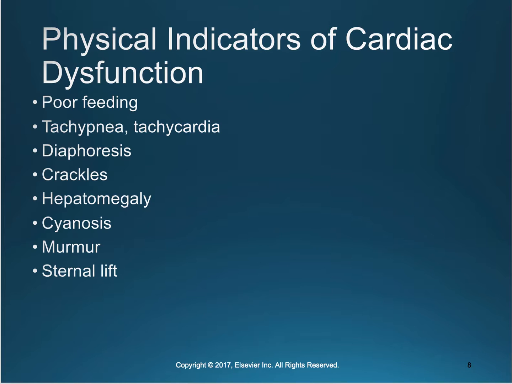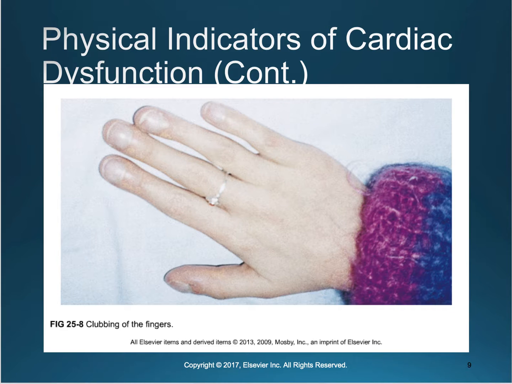Cyanosis is evident because deoxygenated blood is going to the area, not oxygenated blood. You will hear a murmur, especially if there's a patent ductus arteriosus or any other holes where blood is not flowing where it should be. Clubbing of the fingers also occurs with respiratory disease, so you'll have this in cardiac dysfunction or respiratory dysfunction.